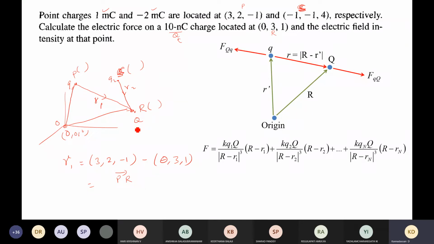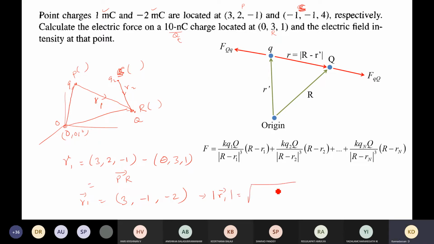We can easily calculate: this is nothing but 3 comma 2 minus 3, so minus 1 comma minus 1 minus 1, so minus 2 will come. So this is the R1 vector. Similarly, we have to calculate the R2 vector, and how can we calculate the magnitude of the R1 vector?